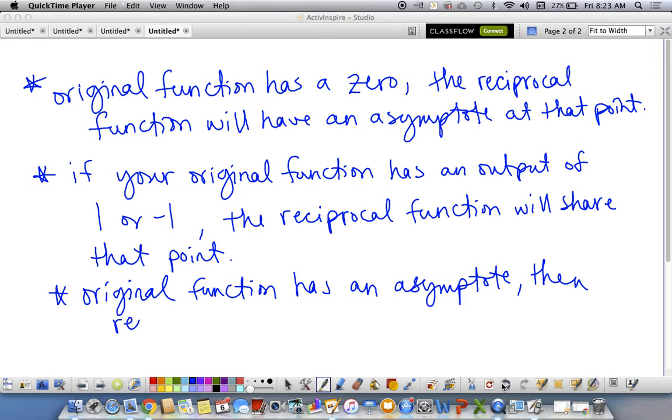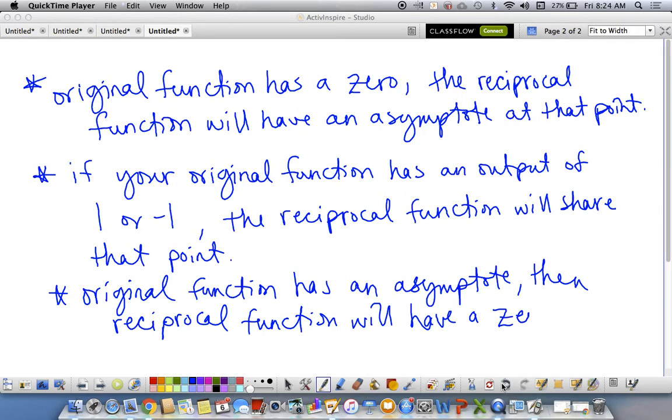Then reciprocal, at that point. Which we won't do tangent before this quarter is over.